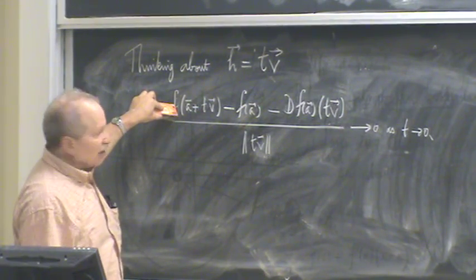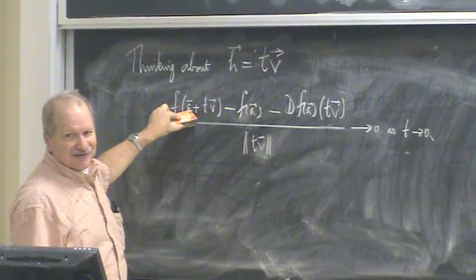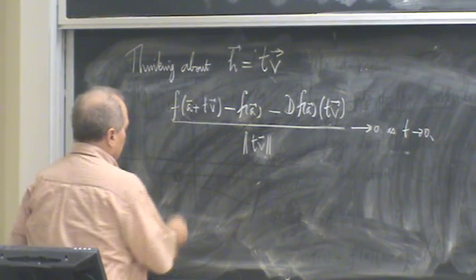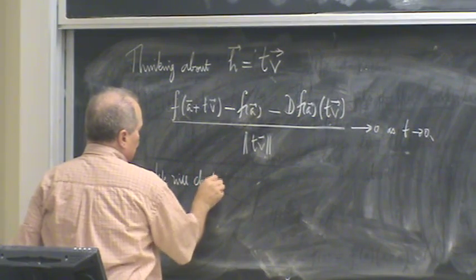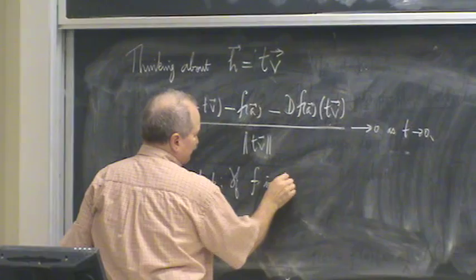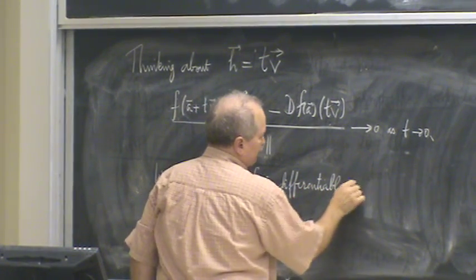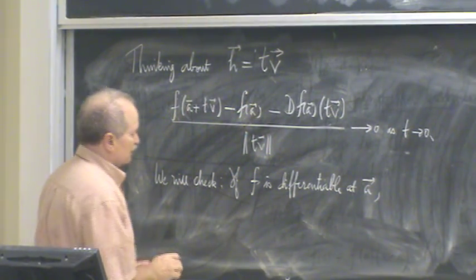Notice what I'm getting here. This looks a lot like taking a directional derivative. We will show next week that if f is differentiable, then in fact, what should the directional derivative be?